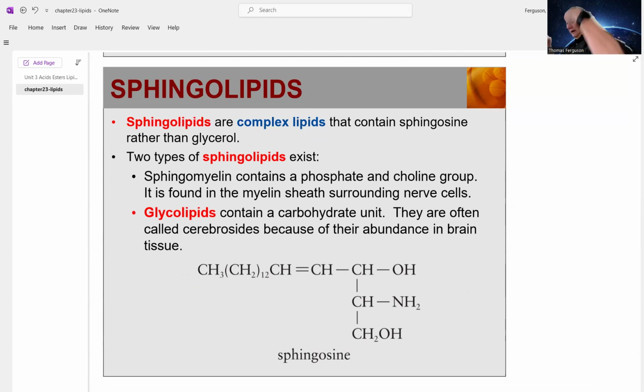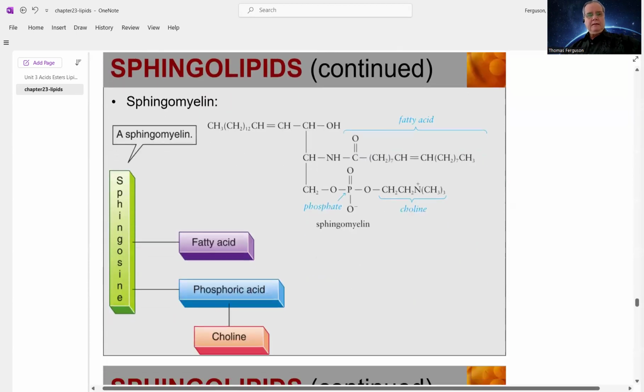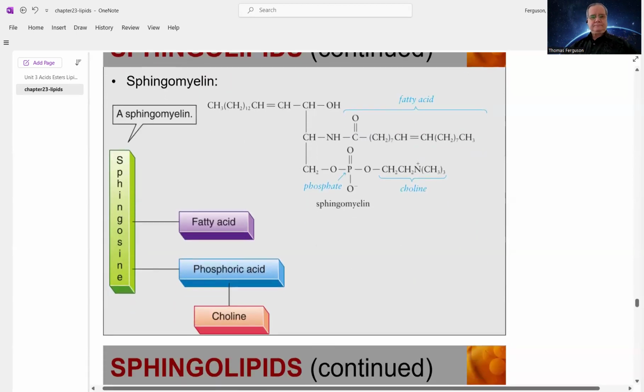And these are some other kinds of complex lipids. And these are used a lot in the neurological part of mammals. Basically, it's just a different backbone.